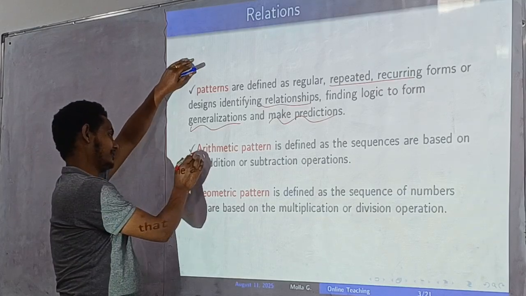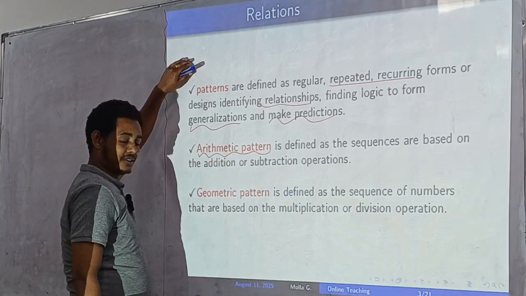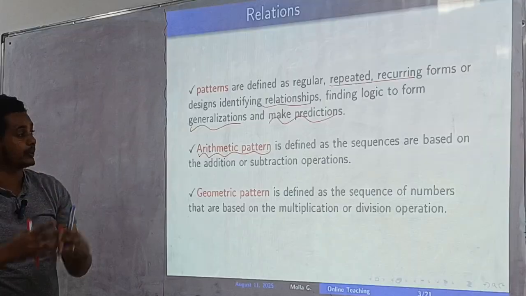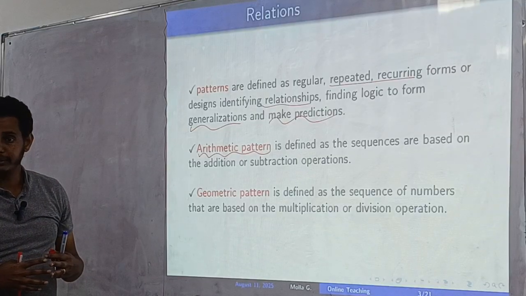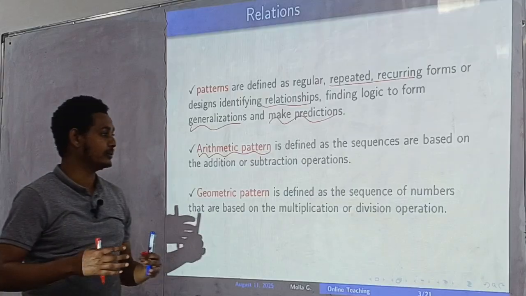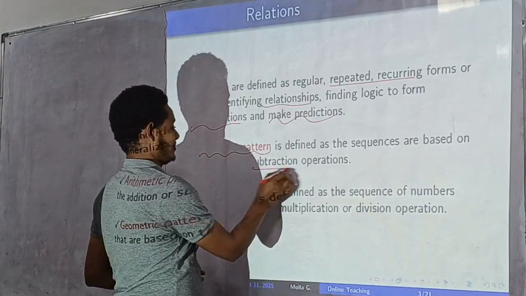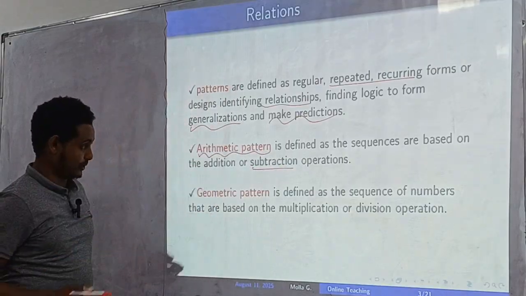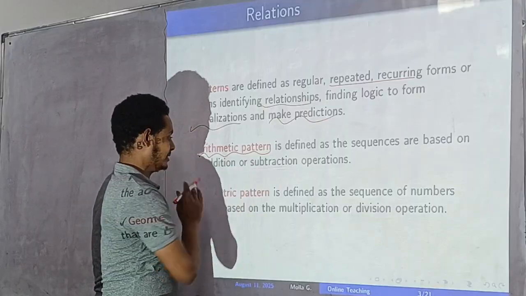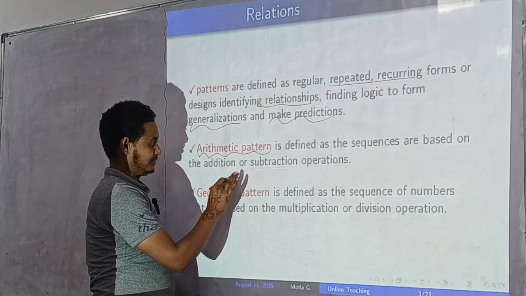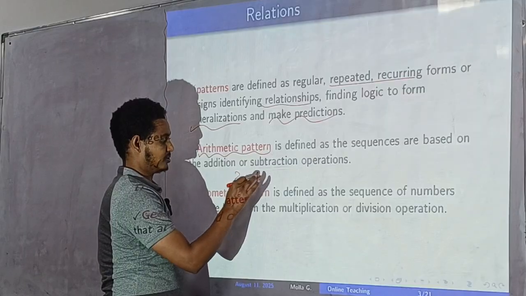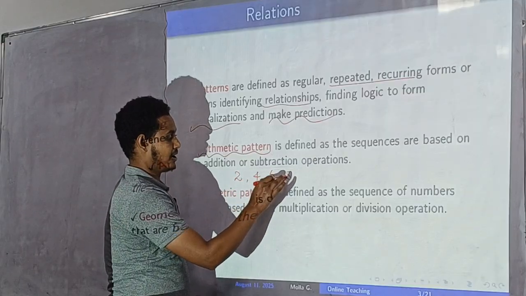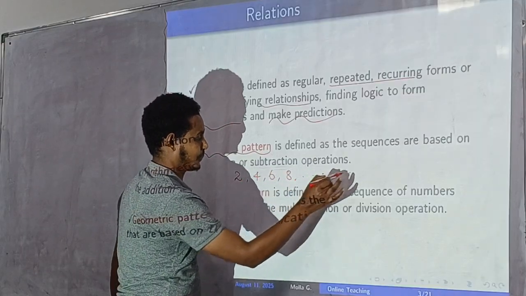That's arithmetic, which is based on addition and subtraction. That means the relationship between the elements or the terms in a pattern or a sequence is based on addition or subtraction. For example, take a sequence or pattern 2, 4, 6, 8, and so on.